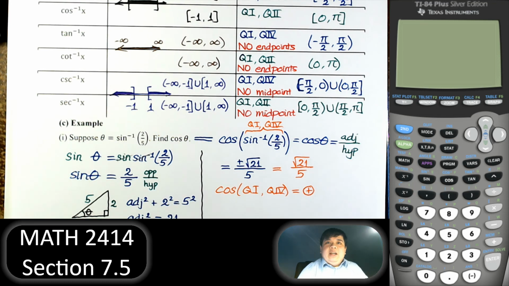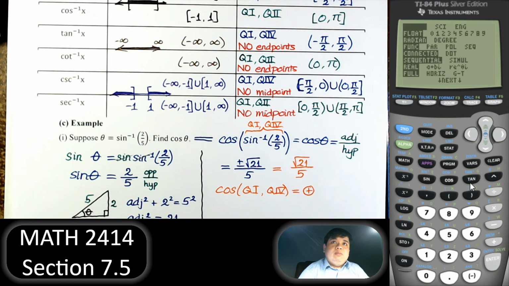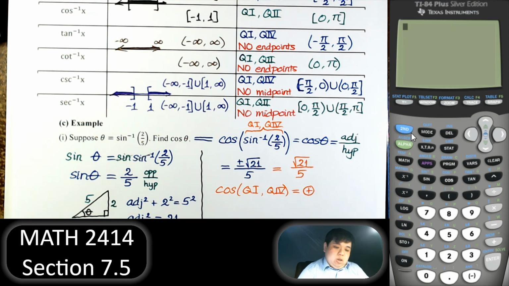Of course, we can also do this. Make sure that it is in radian mode when we do this. So we have cosine of sine inverse of 2/5. It is positive. And is that equal to square root of 21 over 5? Sorry, wrong one.